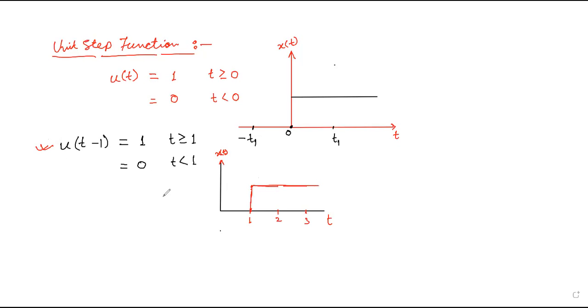Okay, so if I am telling that u(t minus 1) means the function will start with t is equal to 1 और इसके पहले जो values होगा all are 0.